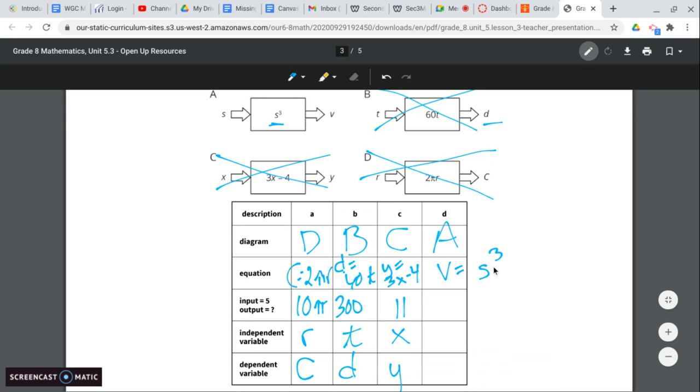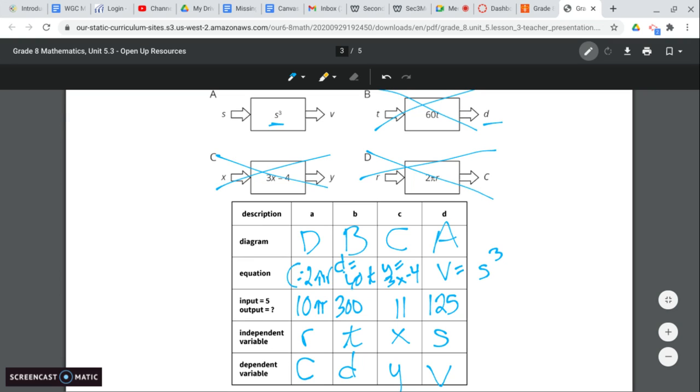If we plug in 5 here, 5 times 5 is 25, times another 5 is 125. Now, our independent variable is S. Our dependent variable is V, because the volume depends on what the side length is. Side length we can make anything we want. It doesn't depend on anything.